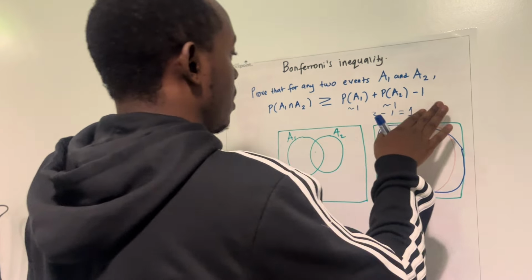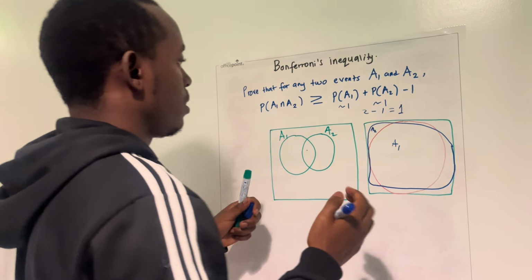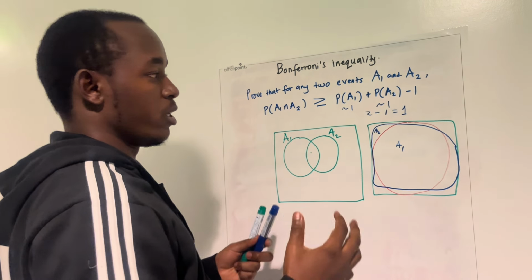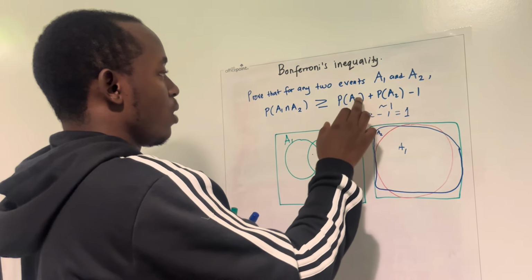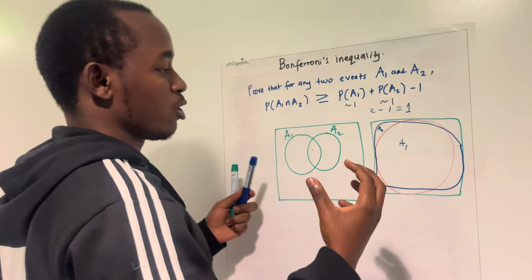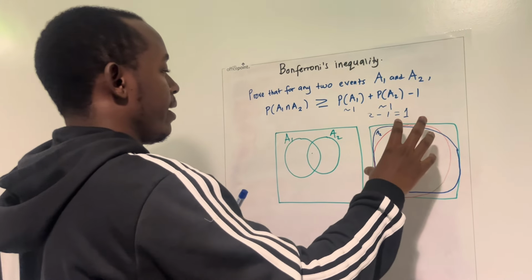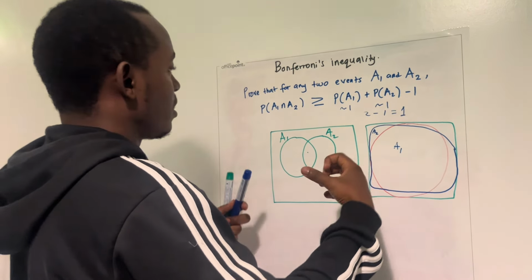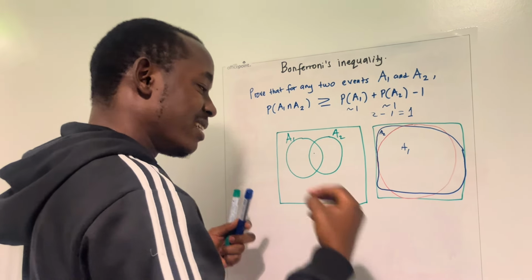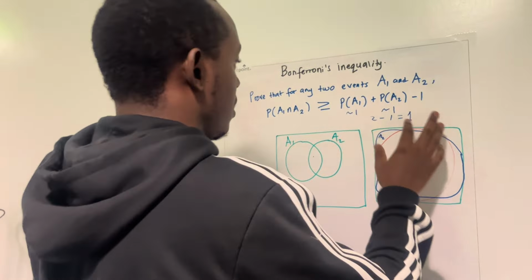That's basically what this inequality is going to prove: that when you have these two events, and they are so big, the intersection will be at least as big as this one here.